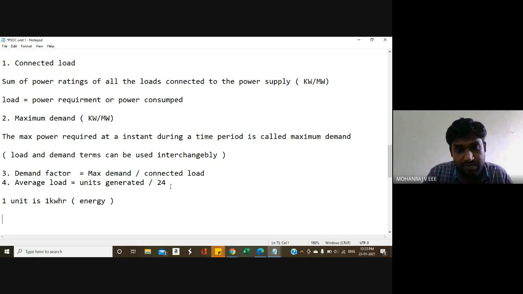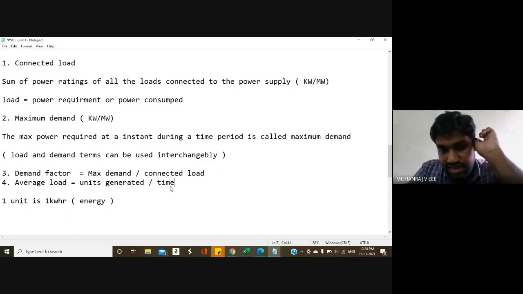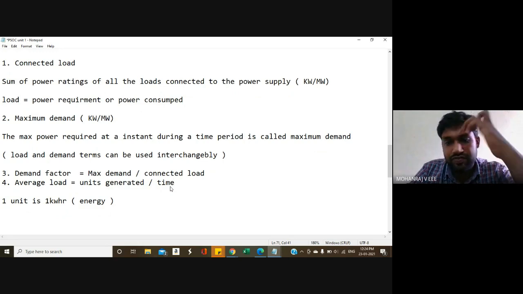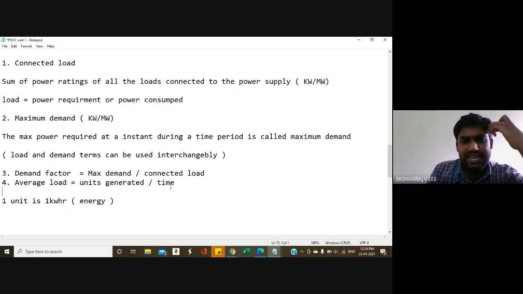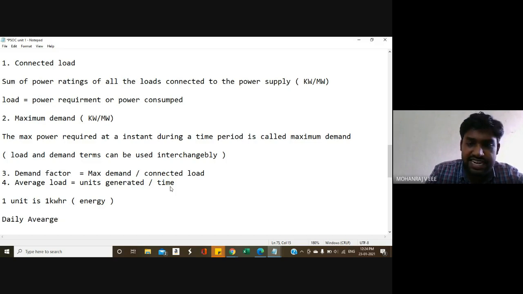Or for a given time. Say if you are discussing a day, it will be 24. If you want to write this in a general form, it is units generated by time period. From this we can say what the daily average load is.